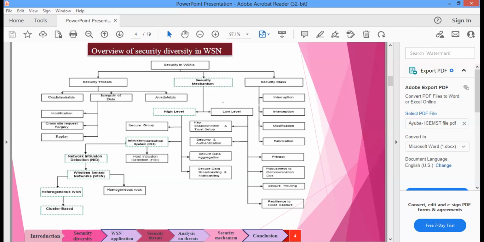Security mechanisms are divided here into two groups. One, we have the high-level security mechanism, and then the low-level security mechanism. The high-level security mechanism that we are considering in this work is the intrusion detection system.